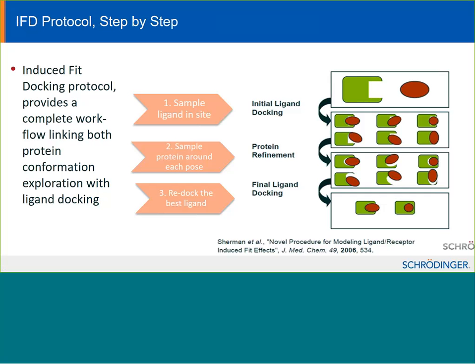So what is IFD actually doing to get this kind of result? It's a protocol that provides a complete workflow linking both the protein conformation changes and the ligand docking conformation changes. At the beginning of this talk, we were saying that the protein in Glide is completely rigid, more or less rigid.